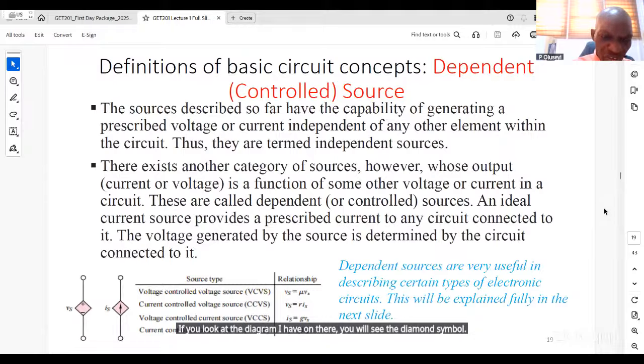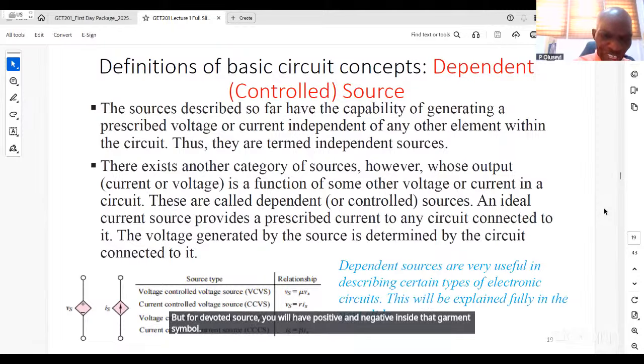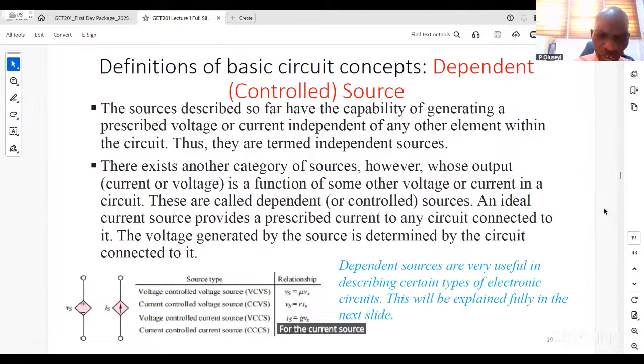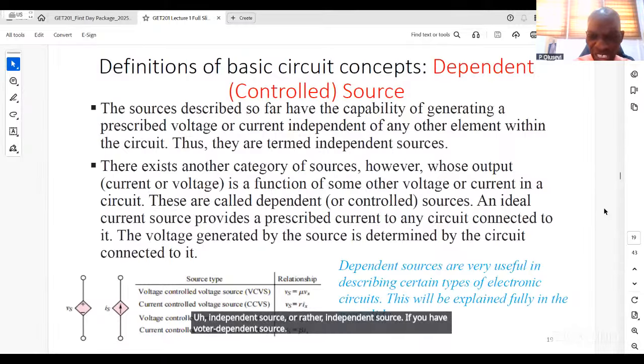For the voltage source, you will have positive and negative signs inside that diamond symbol. And for the current source, you will have the current arrow inside the diamond symbol. If you have a dependent voltage source, we have two types of them.